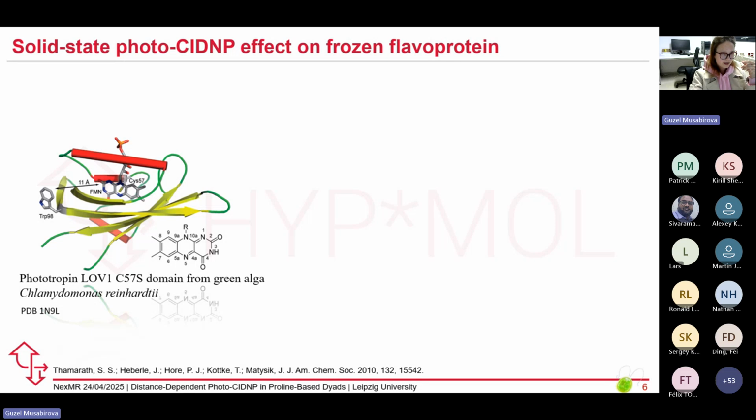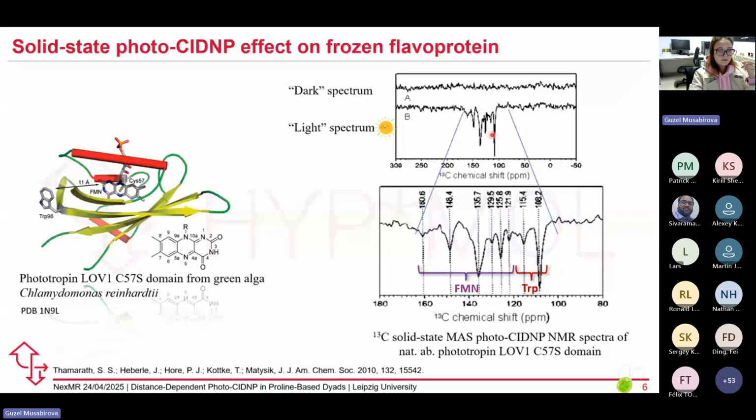The top spectrum is again the dark spectrum, and the bottom one is the light spectrum. So here we see a clear enhancement of the FMN and tryptophan signals, the enhancement from both species which are involved in this photocycle. Actually, it opens up the door to study native systems with enhanced sensitivity without the need for isotope labeling.